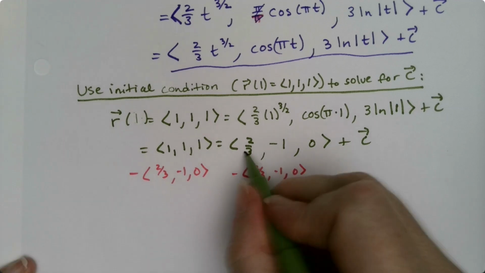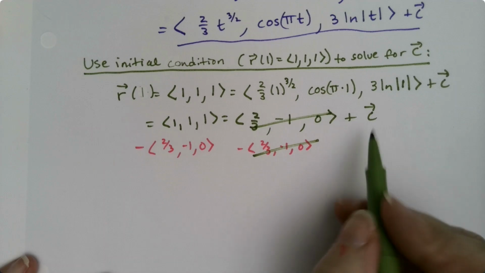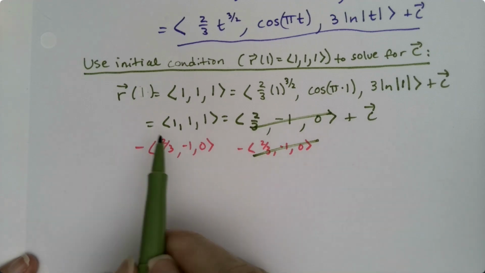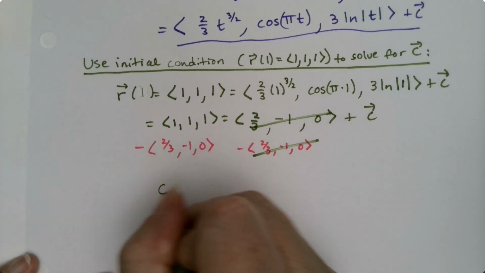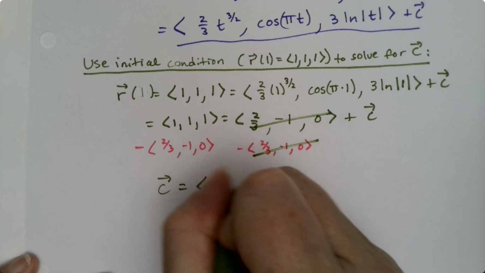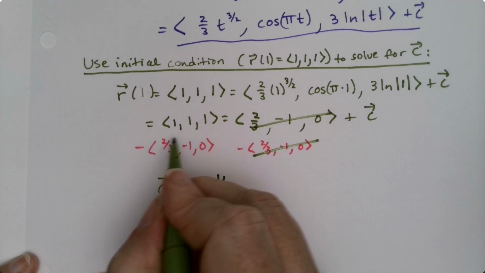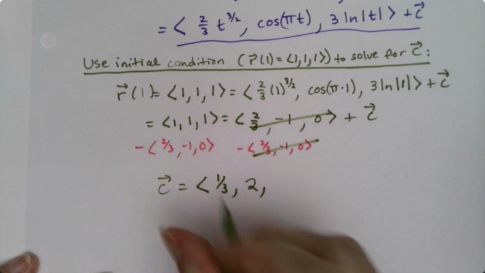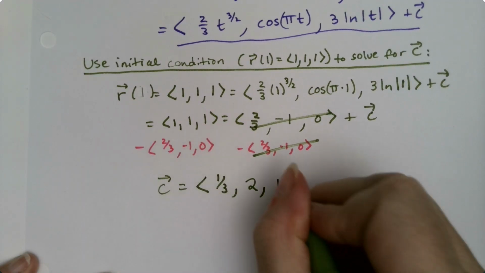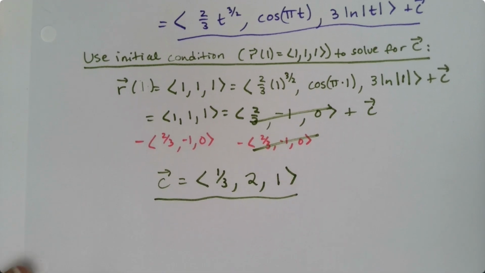Over here, they're going to be gone. That's why you're doing it, because you're going to have nothing but the c vector left. So 1 take away 2/3 is 1/3. 1 take away a -1 is 2. 1 take away 0 is 1. And now I know my constant vector.